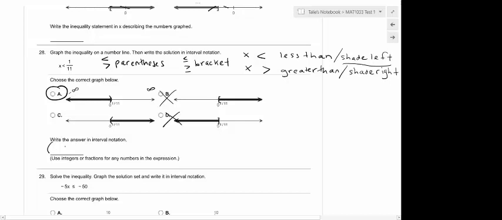So this is going to be -infinity, and then we're going up to the number 1/11. At 1/11, you can just copy the symbol from the graph, which we already determined was going to be a parenthesis. So that would be your answer in interval notation.